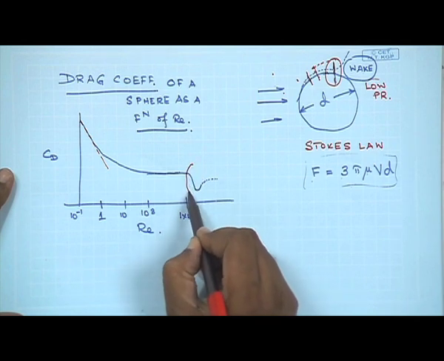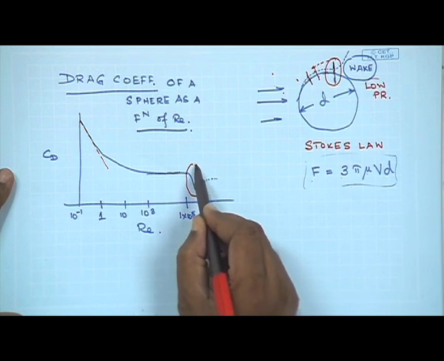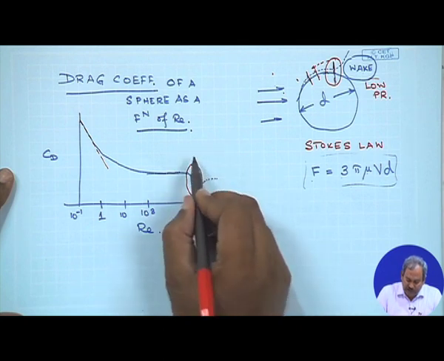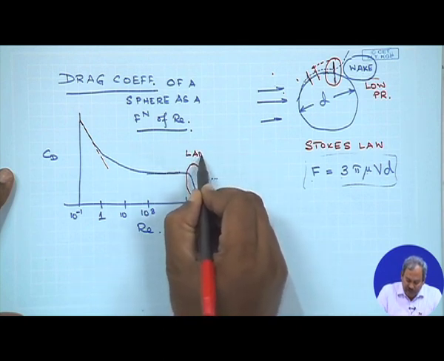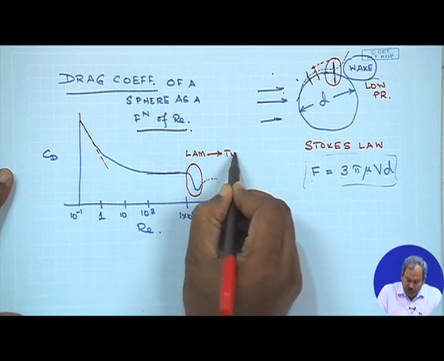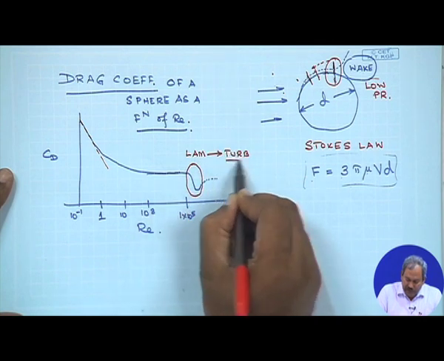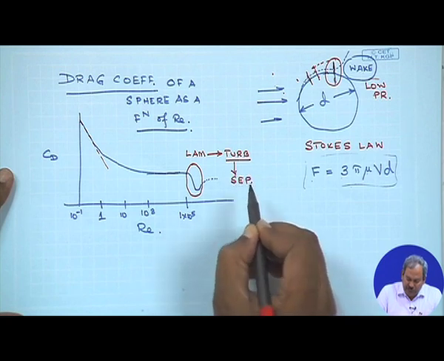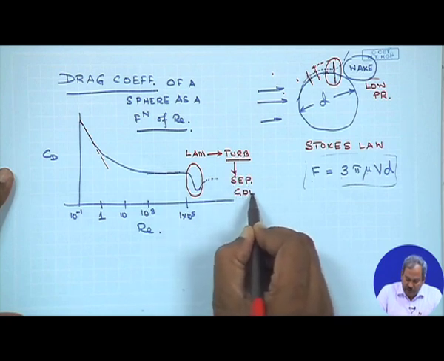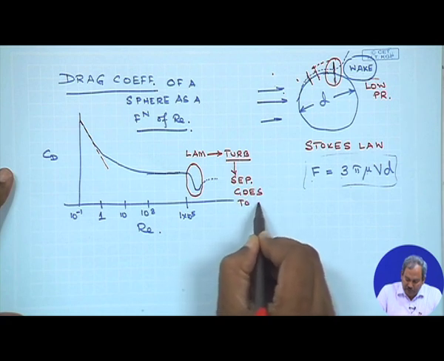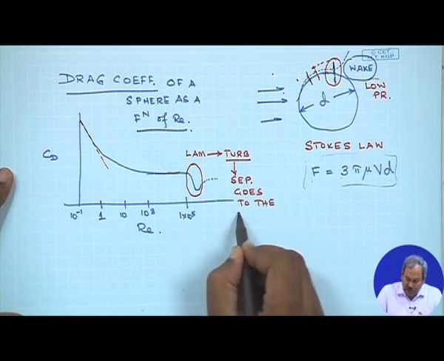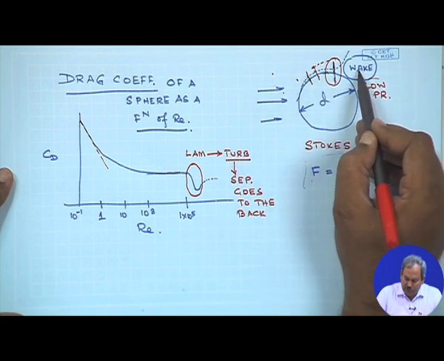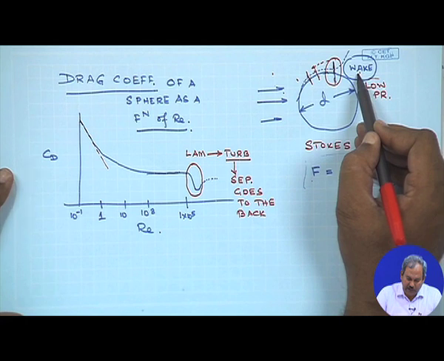So, this abrupt change of the value of CD with Reynolds number is a direct result of transition from laminar to turbulent, and in turbulence the point of boundary layer separation goes to the back of the object, and therefore, the wakes are going to be smaller and so on.